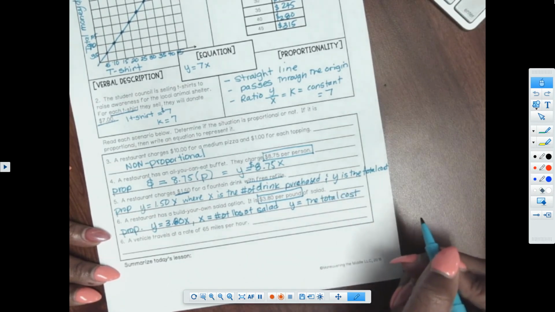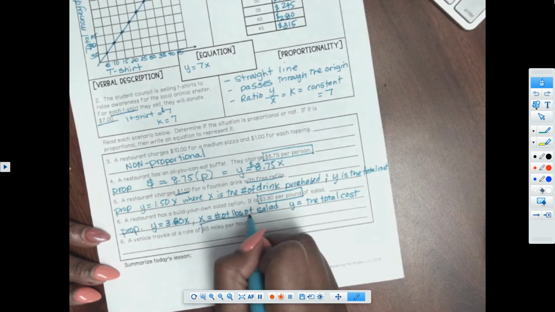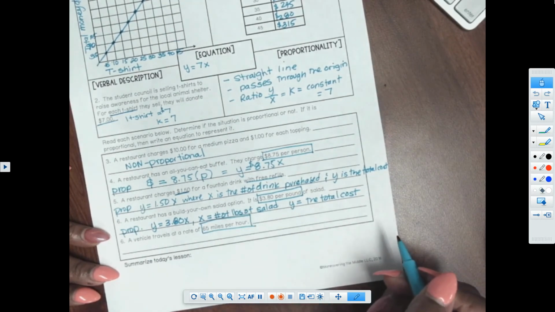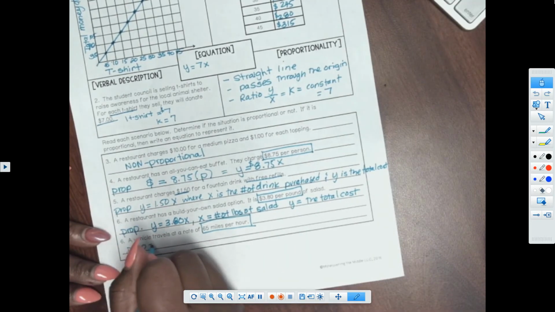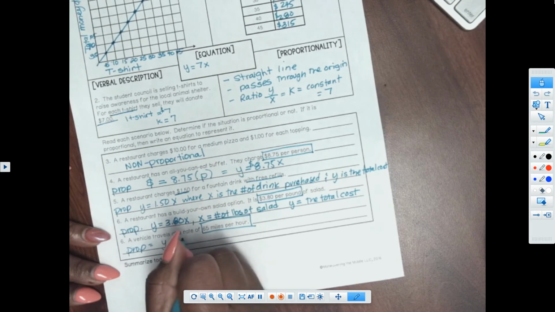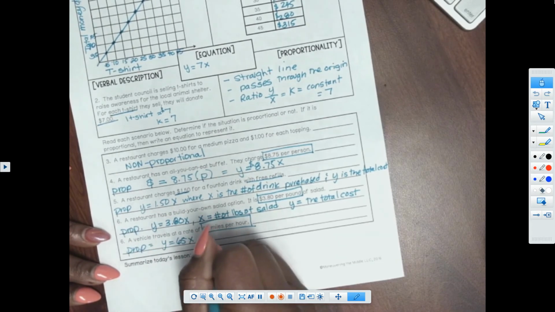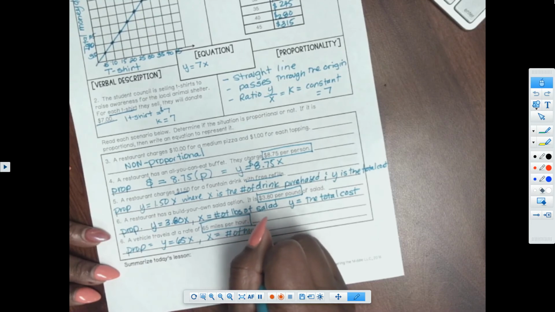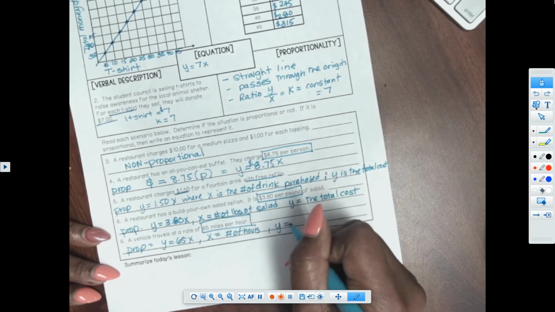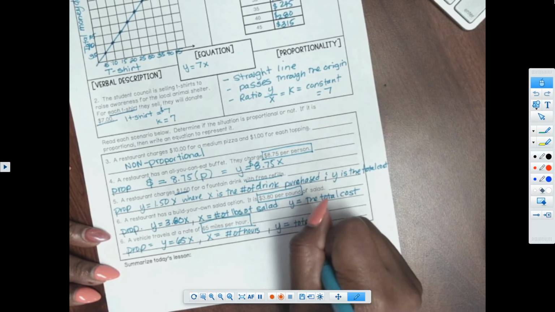And then the last one, a vehicle travels at a rate of 65 miles per hour. So, of course, right? This is proportional. We got Y equals 65X. X equals the number of hours. Y equals total miles traveled.